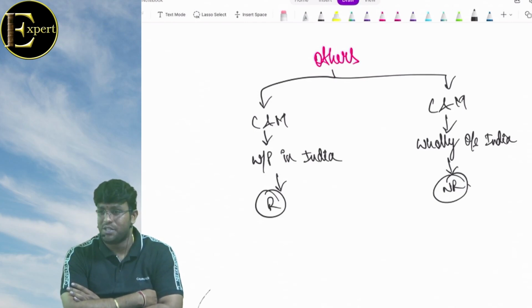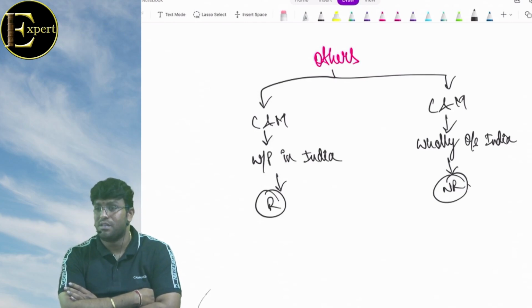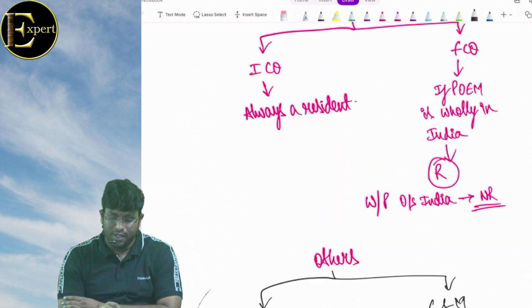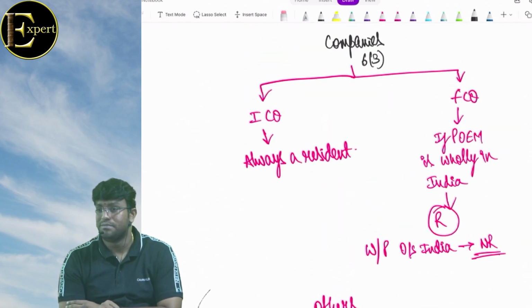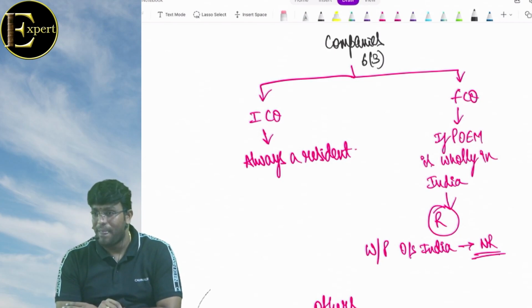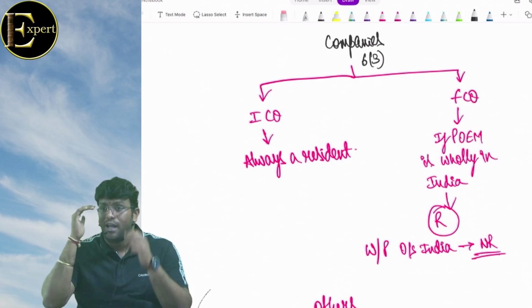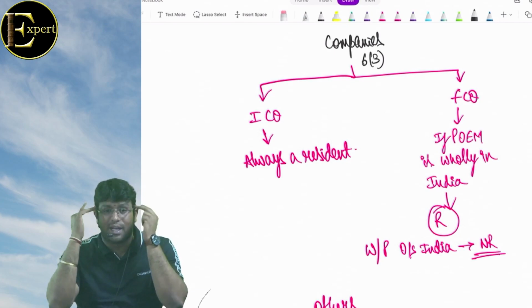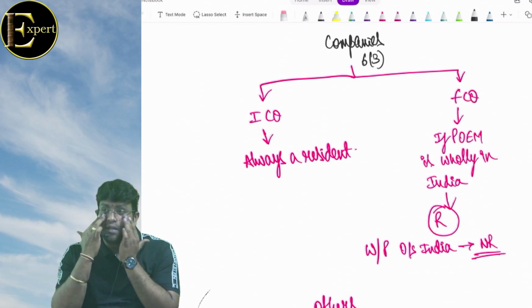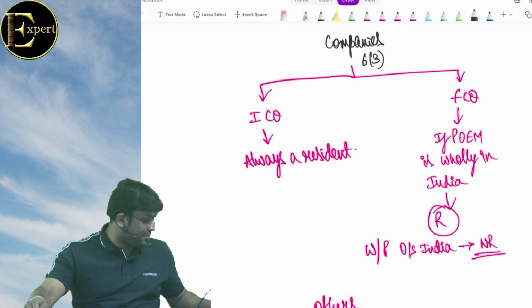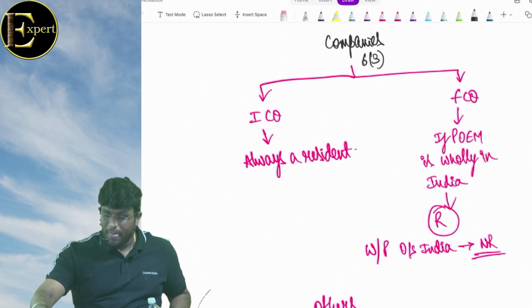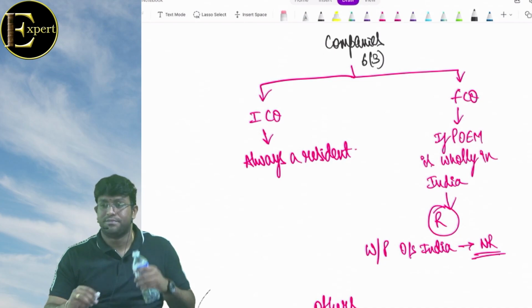Very good, the answer is non-resident. This came in exam for 2 marks, and students get confused. Resident only if POEM is wholly in India for a foreign company. In the HUF case, if it is partly, it is resident; in a foreign company, if it is partly, it is non-resident. Repeat again: HUF partly, answer? Resident. Foreign company partly, answer? Non-resident. I hope you are getting clarity on this point.